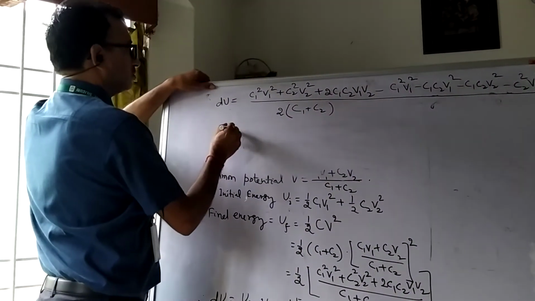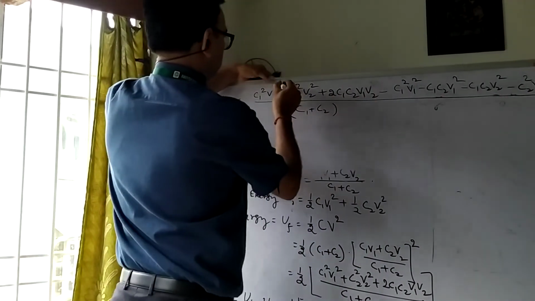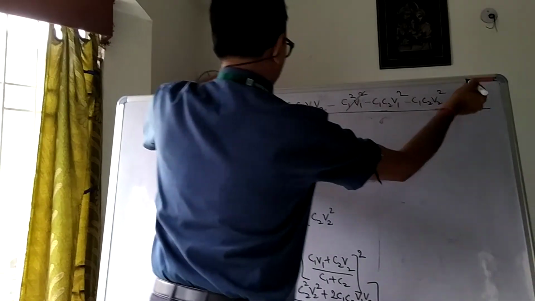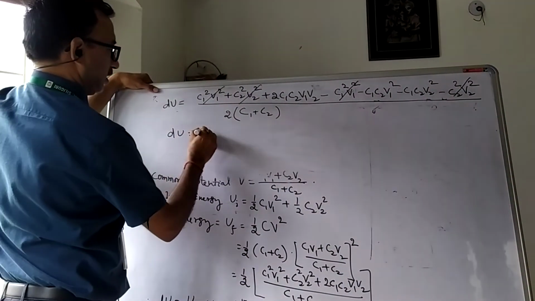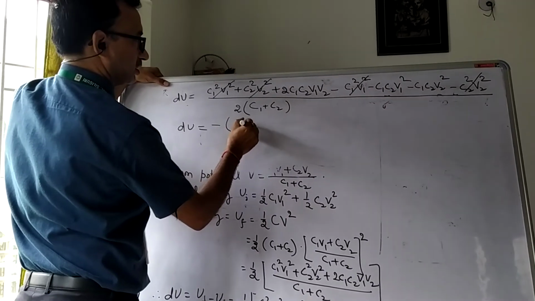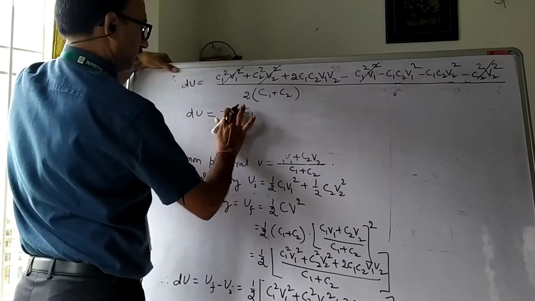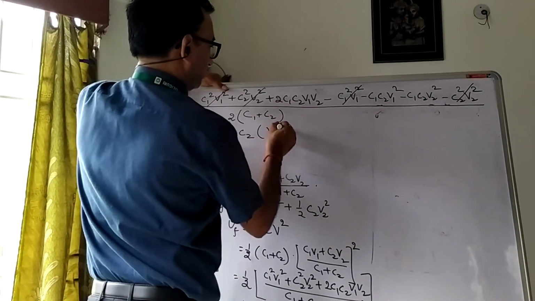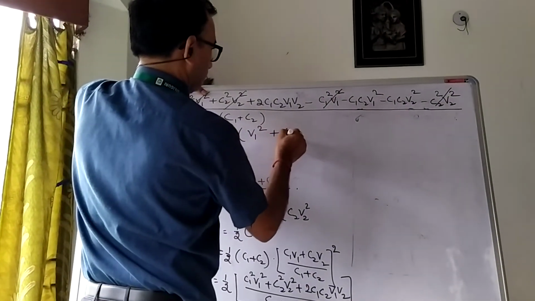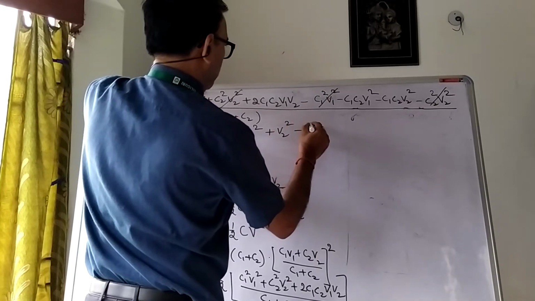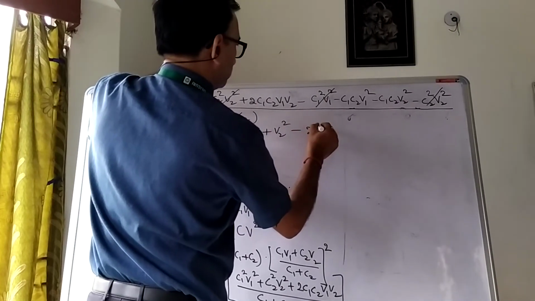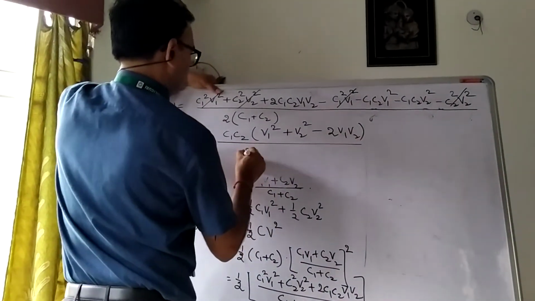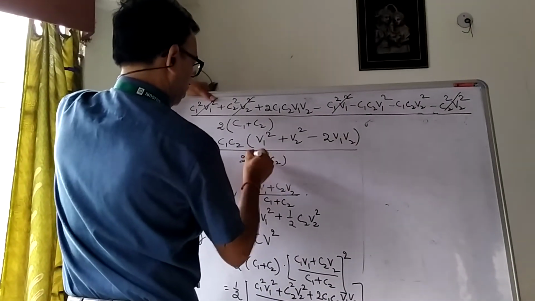So dU: C1 square V1 square will cancel, C2 square V2 square will cancel. If you take minus and C1 C2 as common, it is V1 square plus V2 square minus 2 V1 V2, divided by twice of C1 plus C2.